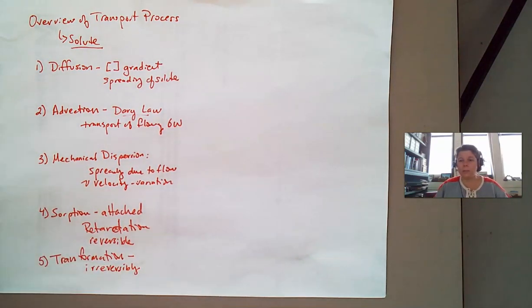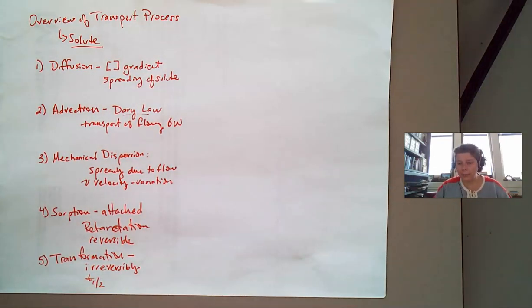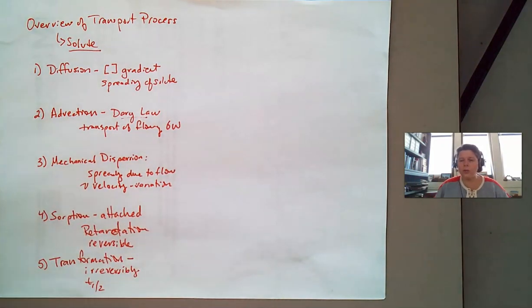Examples of transformation would be radioactivity, where you go through the half-life of a compound and the original compound decreases. We talked about biodegradation, which is a transformation process. You can also get chemical reactions, things that react to sunlight or different chemicals. Things will precipitate out onto a mineral. If you've got calcium or magnesium in the water, it can precipitate out of the system and form coatings on things, so it comes out of solution.